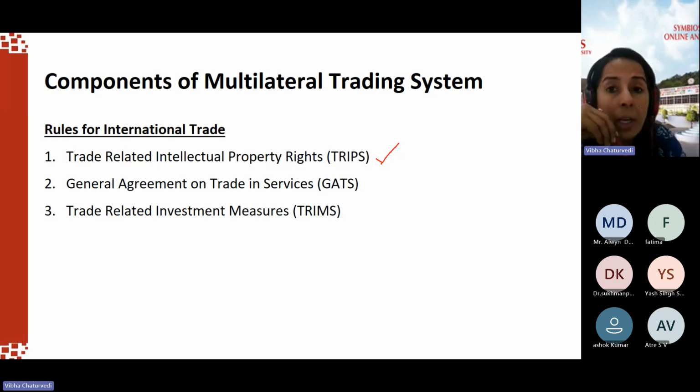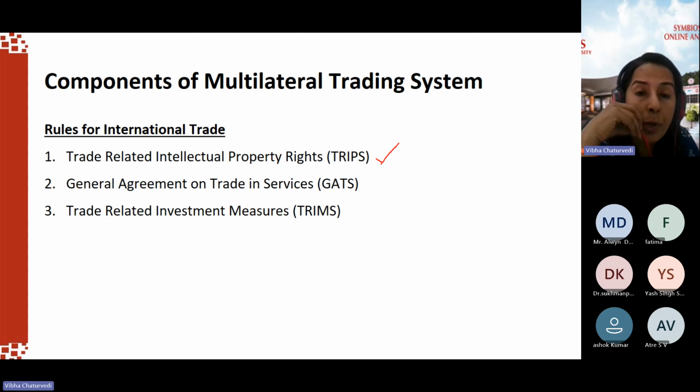Dunkel draft is a proposal that was made by Arthur Dunkel, who brought out all the shortcomings of the General Agreement on Trade and Tariffs, and proposed how protection of trade and services, and how trade and agriculture would be dealt with if subsidies.